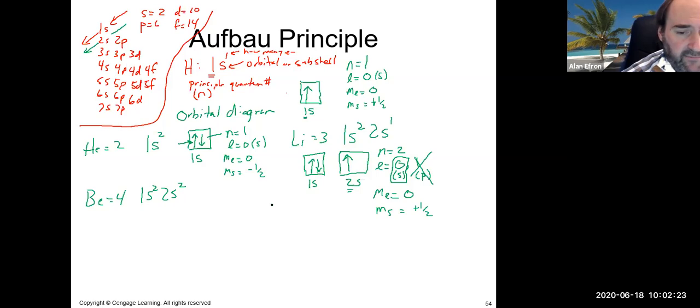Here we are now going to fill up that 2nd s orbital. So our 1s orbital would have an electron up, an electron down. Our 2s orbital, electron up, and now an electron down in this particular case.